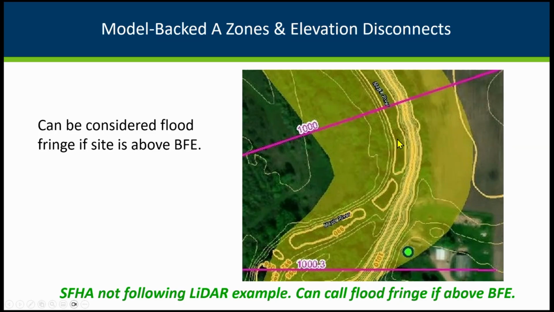So especially in some of these areas where the mapping boundary is poor, we're often looking at, is it even below the base flood elevation? And again, if it's above, we know it can be treated as flood fringe.